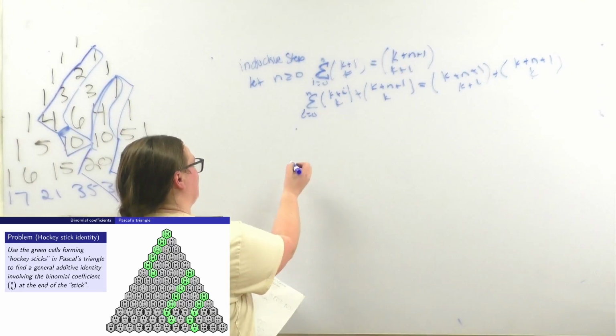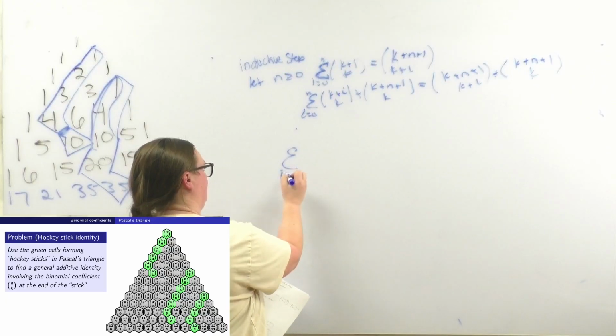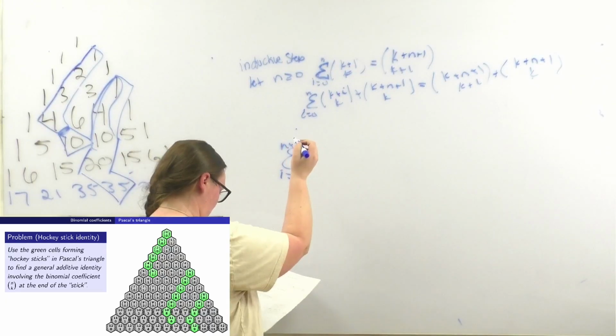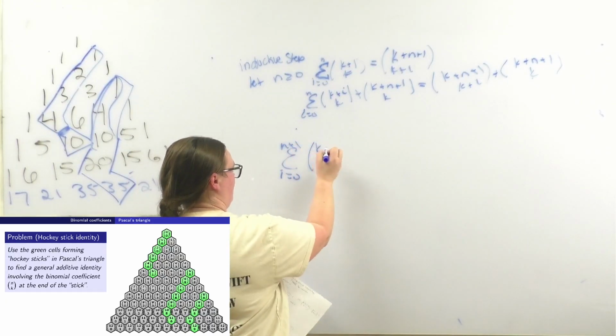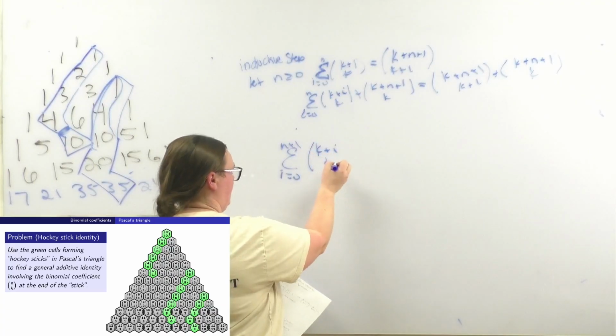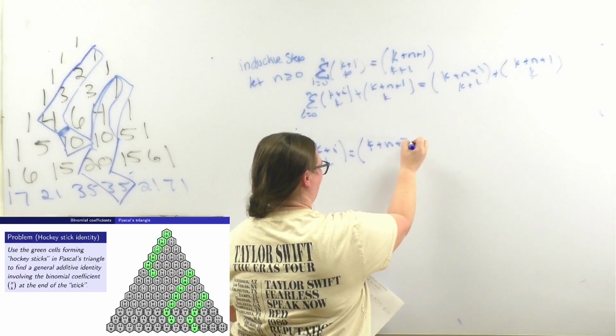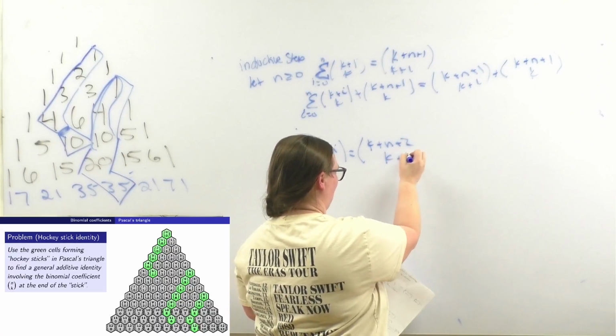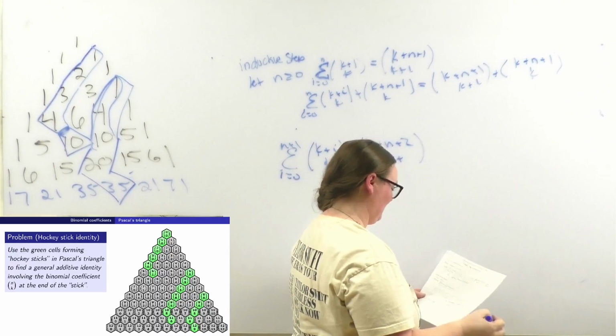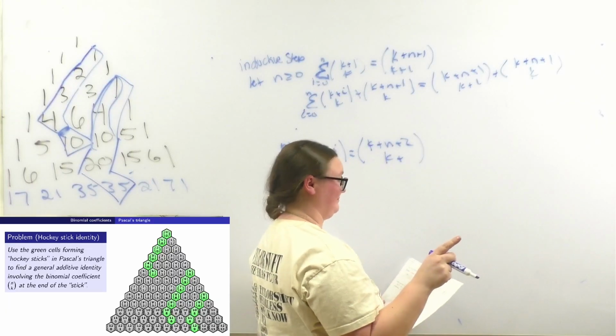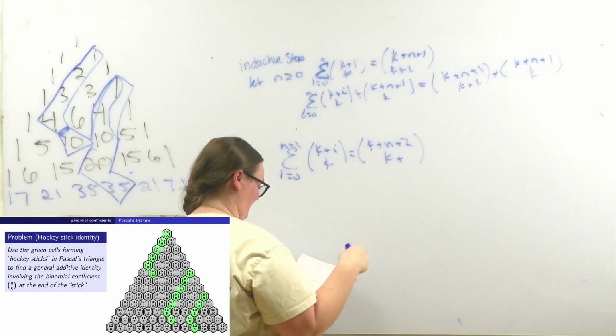So now I'm going to go to n plus 1. And we have the sum of k plus i choose k equals k plus n plus 2 choose k plus 1. And by Pascal's identity, do we need a reminder?